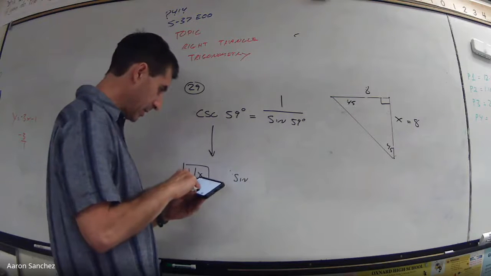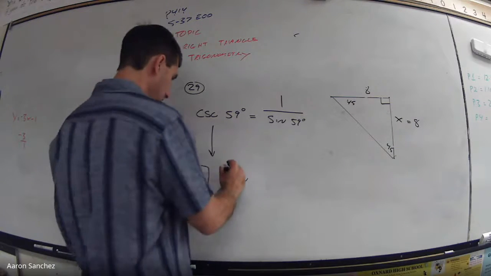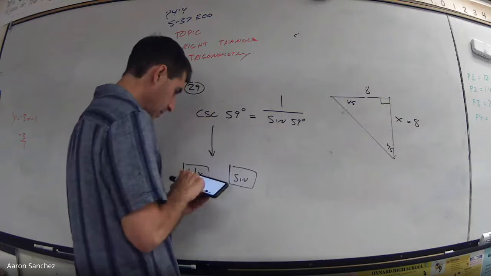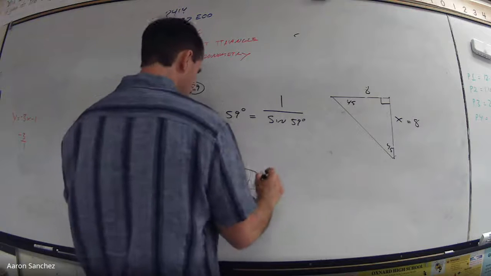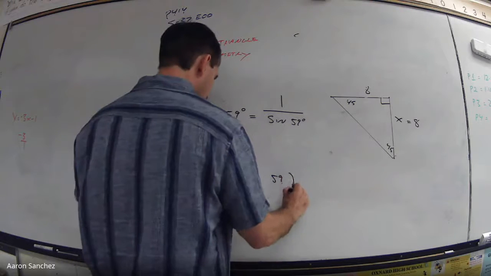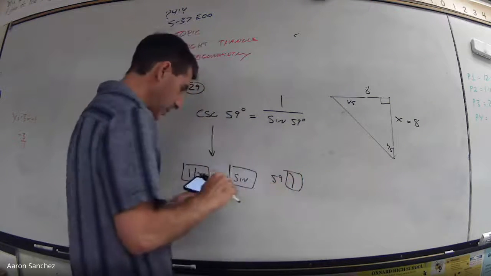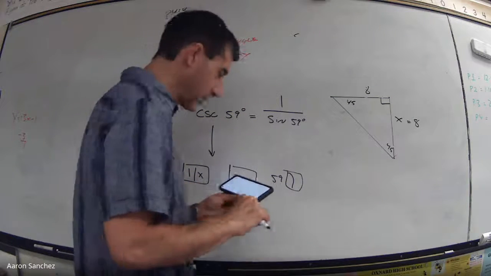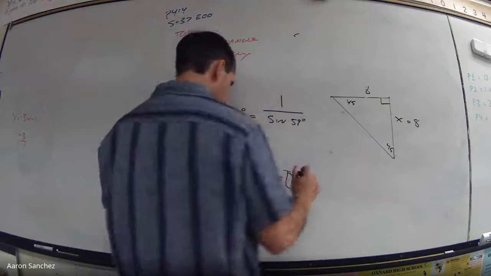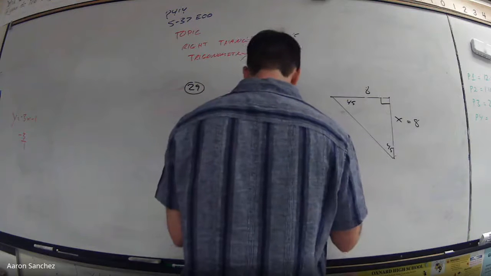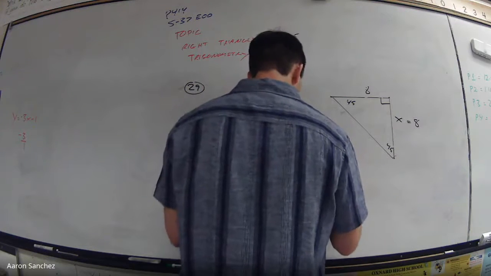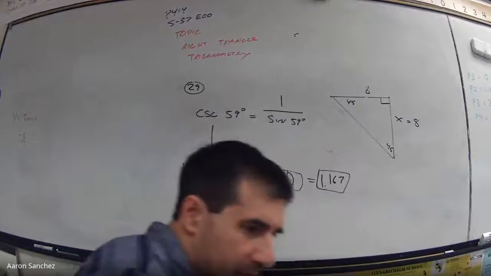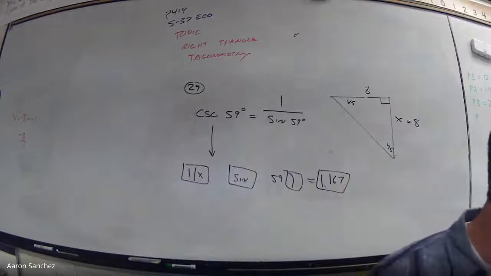One over x, and then hit sine. Then 59. And then close parentheses. Make sure that 59 gets in the parentheses and then hit equals. And you should get 1.167. Round it to 3 decimal places. And if you got that, then you're good.